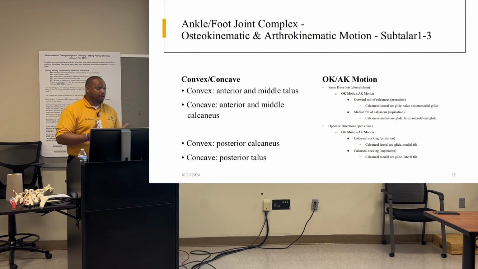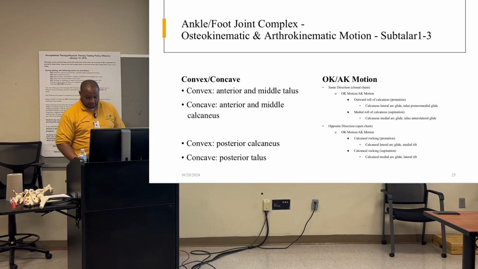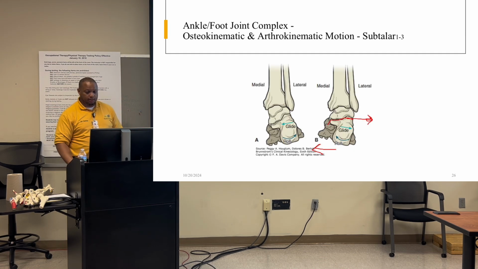Now, this is something you have to visualize as well, other than just looking at the wording of it. You have to try to visualize this. All right. So here's the lateral, this foot right here in A. In A and B, this is the fibula. Again, fibula representing the lateral aspect of the lower leg, and tibia representing the medial aspect.